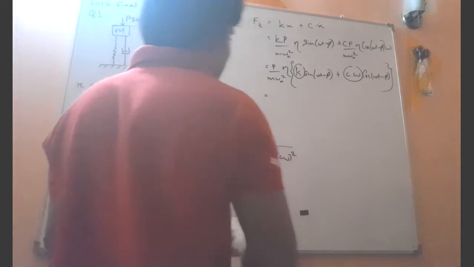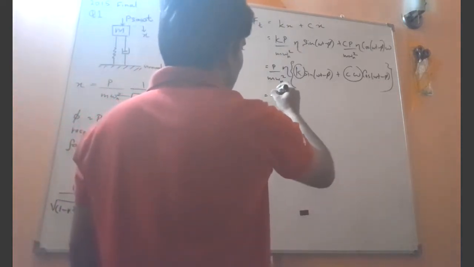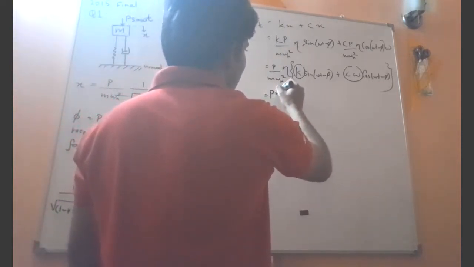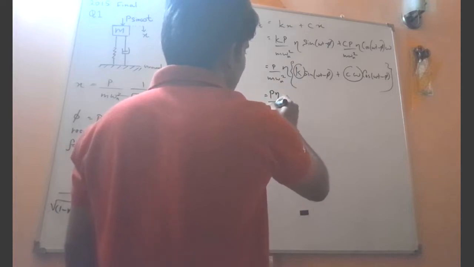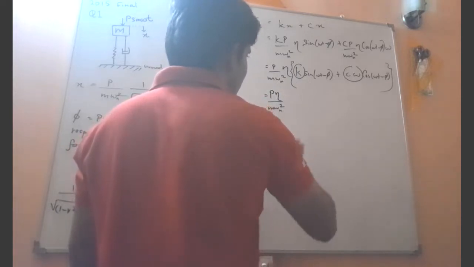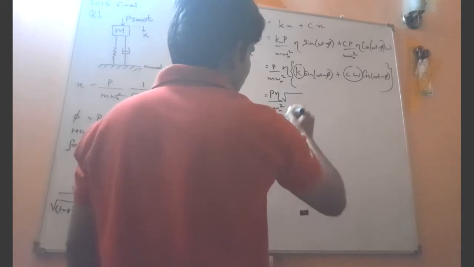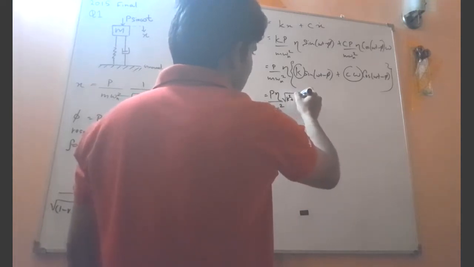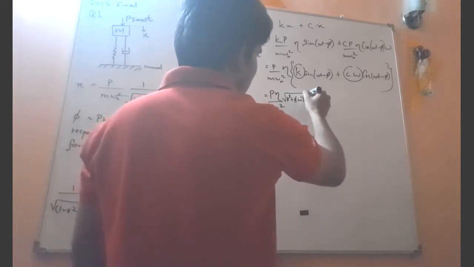So let's do that. What we are going to do is P0 divided by m omega n whole thing squared, times the square root of k squared plus c omega whole thing squared.